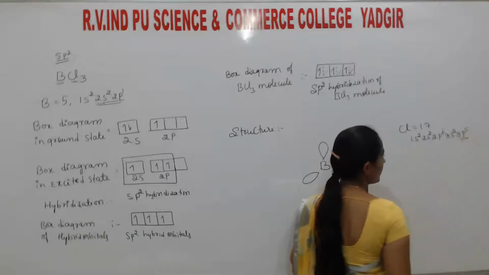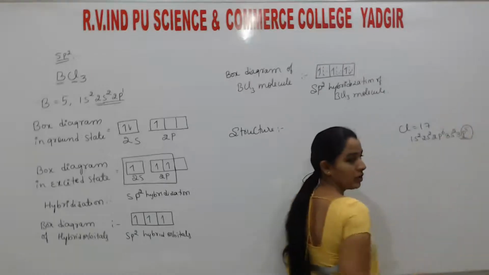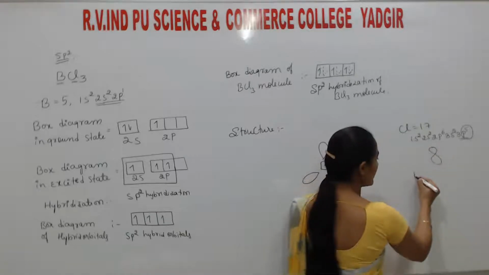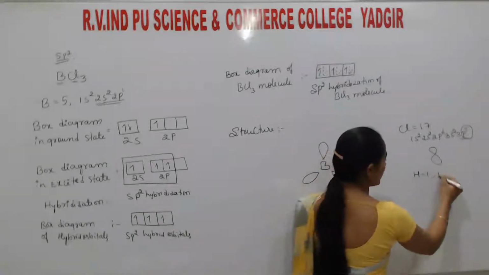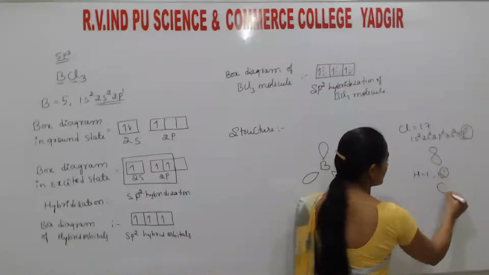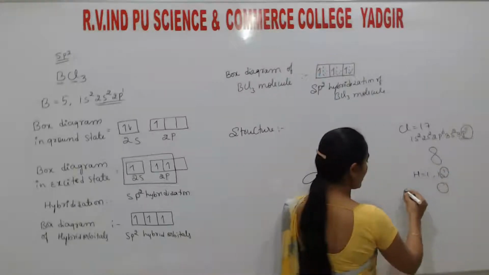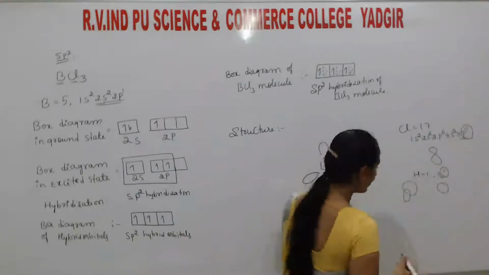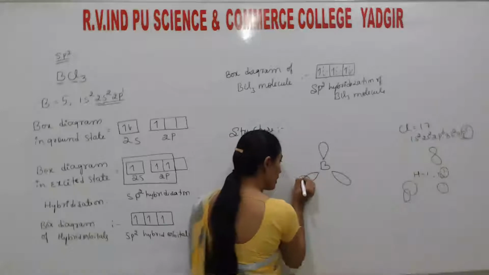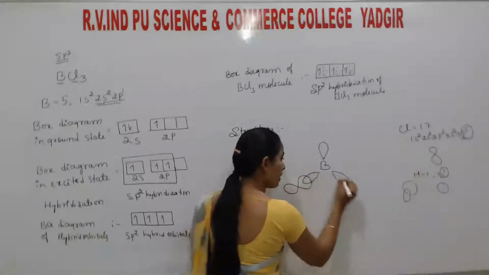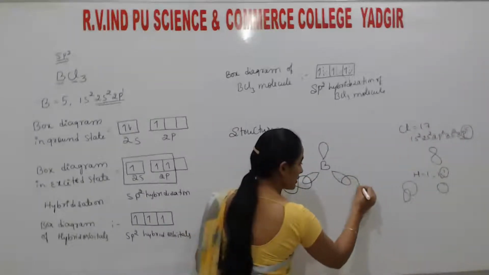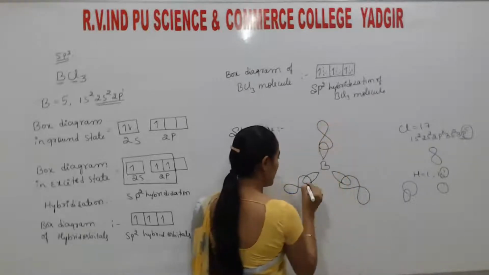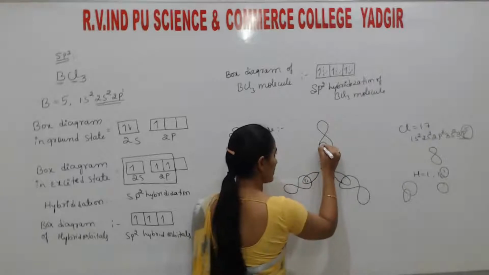The last electron is in a p orbital. What is the shape of the p orbital? Dumbbell shape. In yesterday's class we wrote 1s1, where the s orbital is spherical in shape. But here the last electron is in a p orbital, so the bonding of the p orbital takes place.